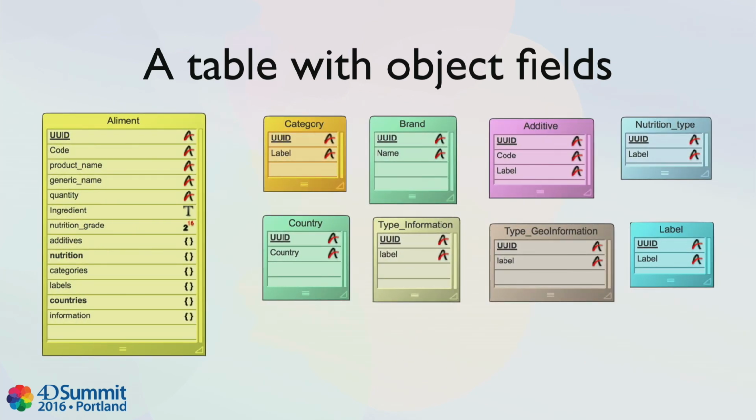Okay. Just to compare similar situations, I added some tables to have detail of the category, the blend, the additive, but it's not mandatory for storing the data. It's just to have a similar request.